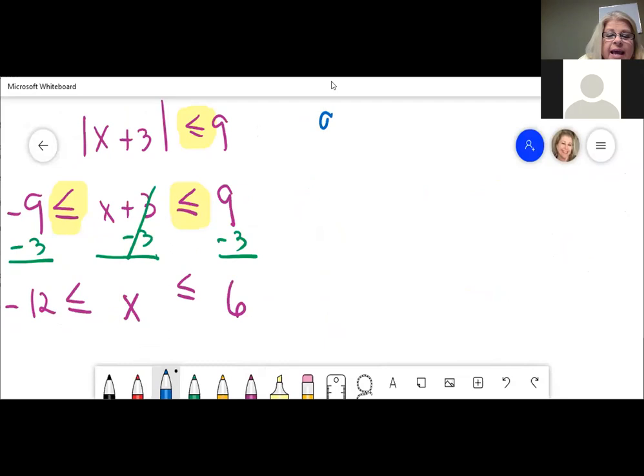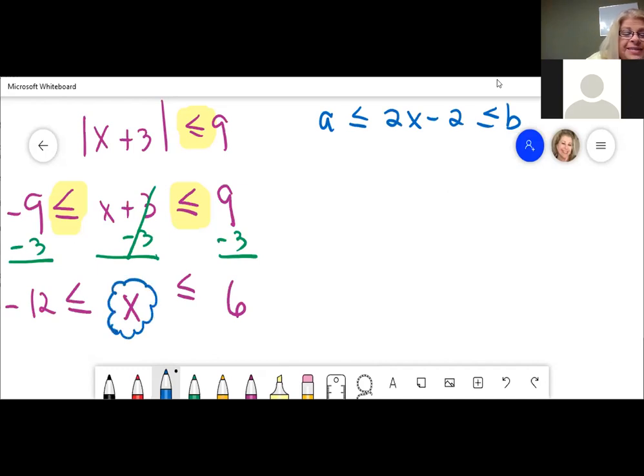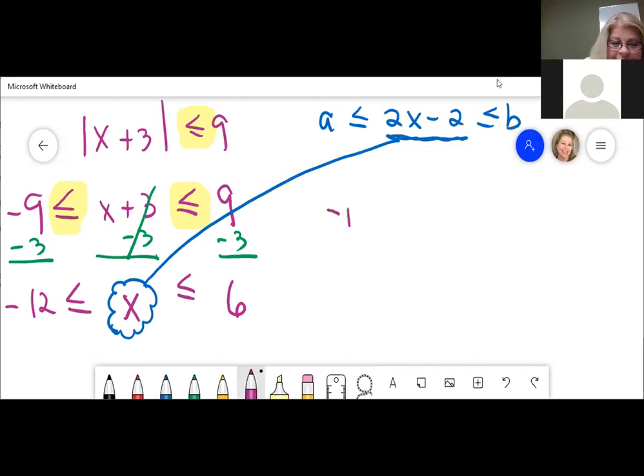Then they said A has to be less than or equal to a 2x minus 2, which is less than or equal to a B. What you have to do is transform this x so that it becomes 2x minus 2. So what you're going to do, I'm going to go back to this in the purple.